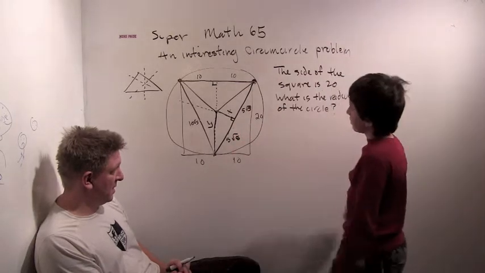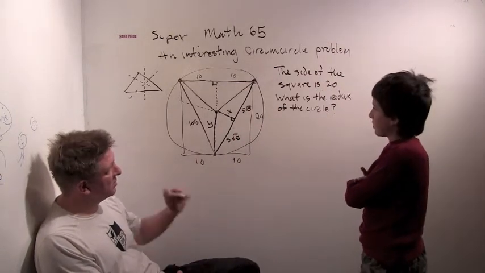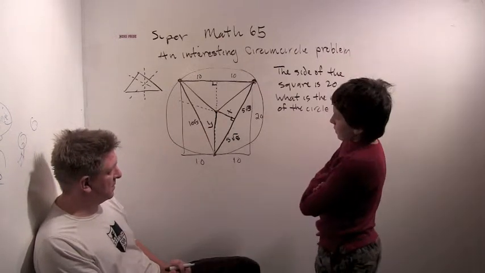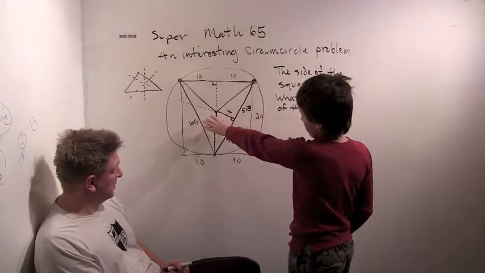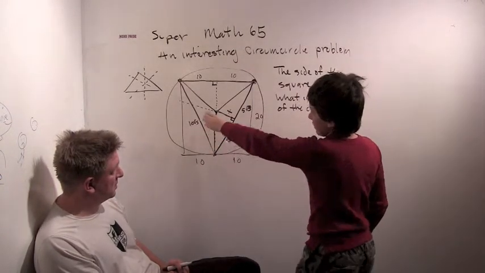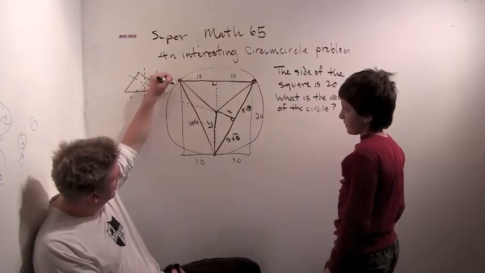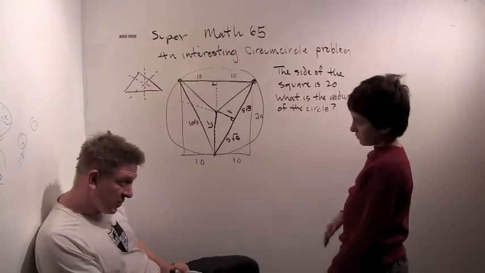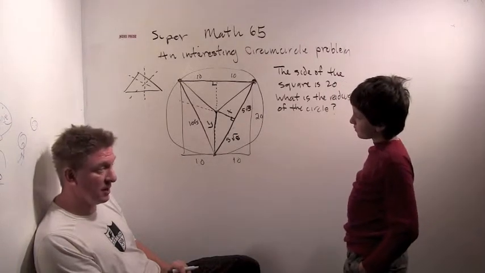What else do we know? What are some other geometric ideas in here that you know? Well, I think I know that these two triangles are similar. These isosceles triangles are similar. Similar triangles, very powerful idea. Do you see any other similar triangles?